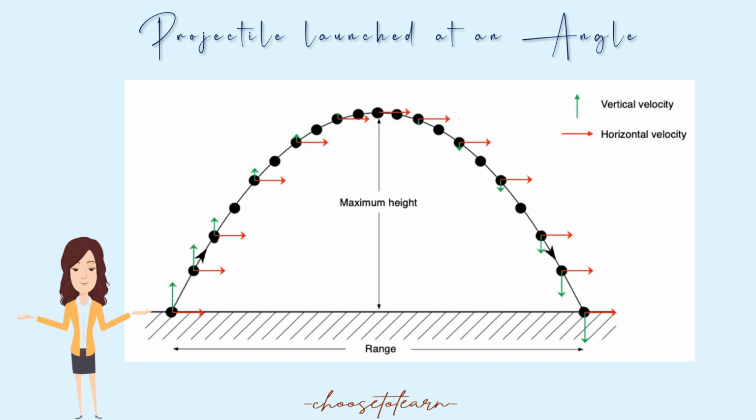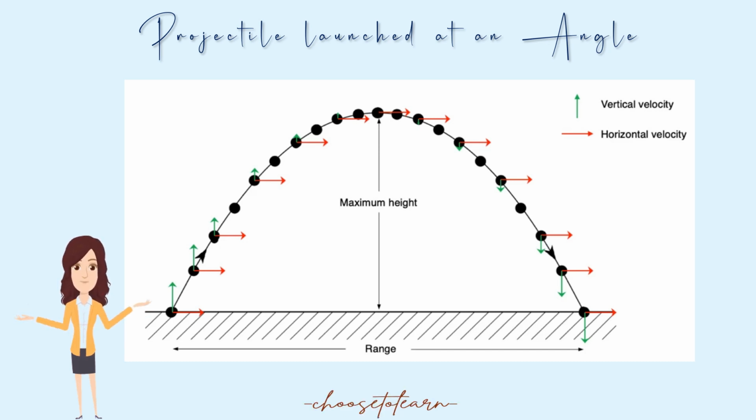So in any projectile motion, vertical velocity decreases in magnitude. As you've seen, the vertical velocity shortens because when the projectile is traveling upward, it is against gravity. And at the maximum height or at the tip, the vertical velocity is 0.